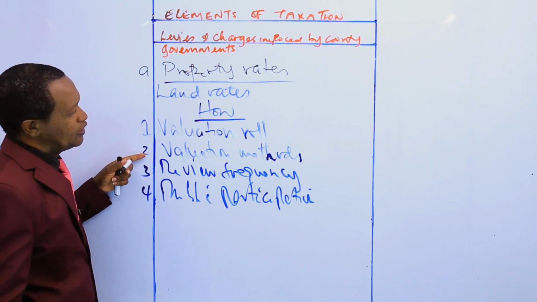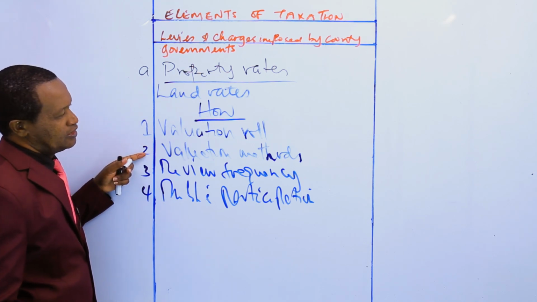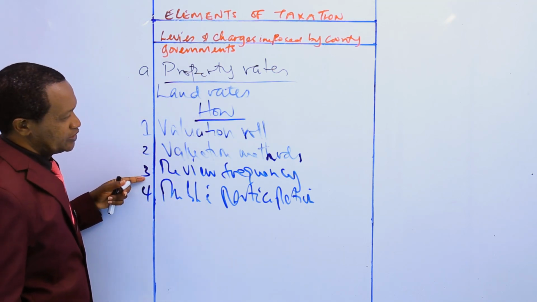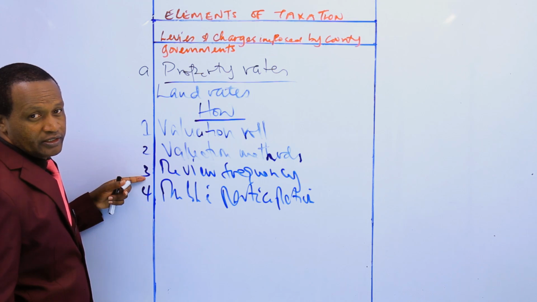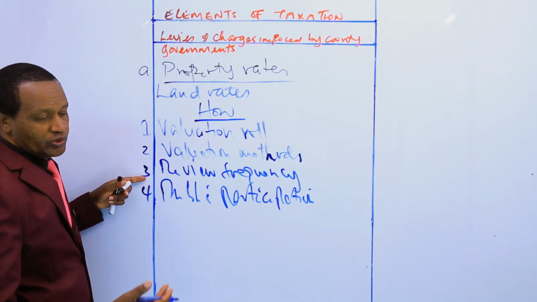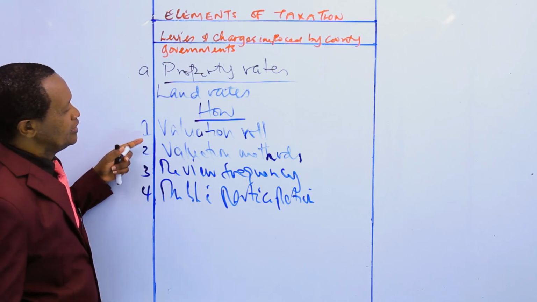Then there are also valuation methods that may be used to determine property rates. Then number 3, we've said that the National Rating Act requires counties to review the valuation roll at least in 5 years.